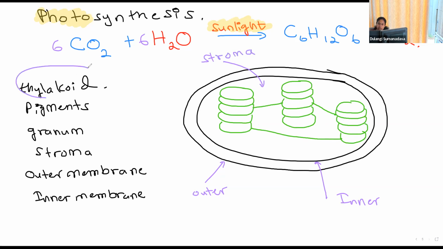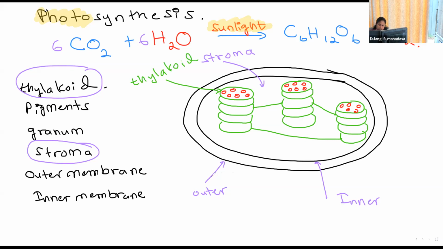So you have to know where the thylakoid and stroma are, right? Because there are reactions taking place. On the top of the thylakoid membrane, the light capturing pigments. So the single disc is the thylakoid, and the stack of thylakoid is the granum.